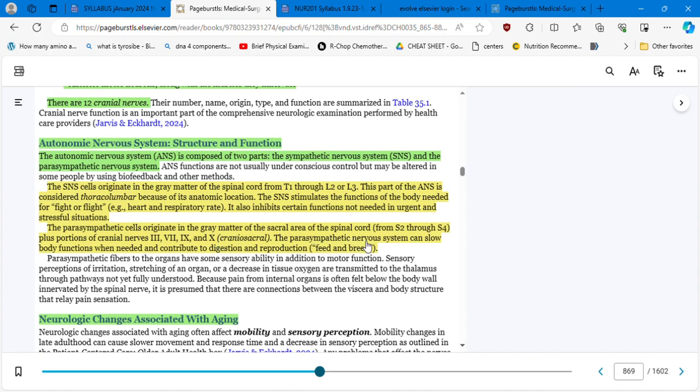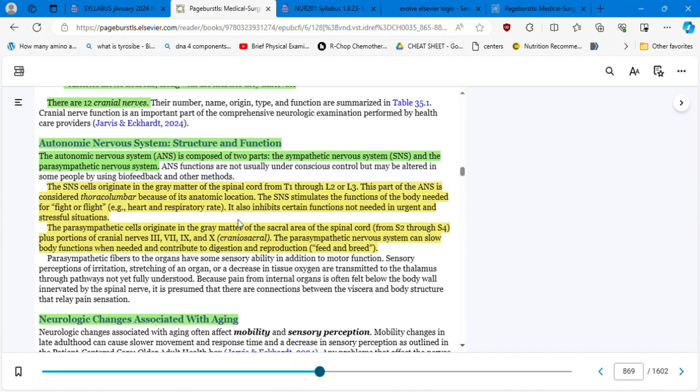The parasympathetic nervous system can slow body functions when needed and contribute to digestion or reproduction. Of course, they are in the area of the gastrointestinal S2 and the reproduction between S2 and S4.